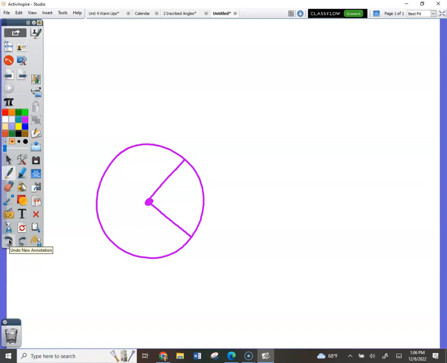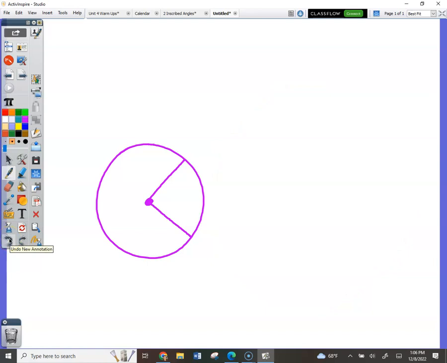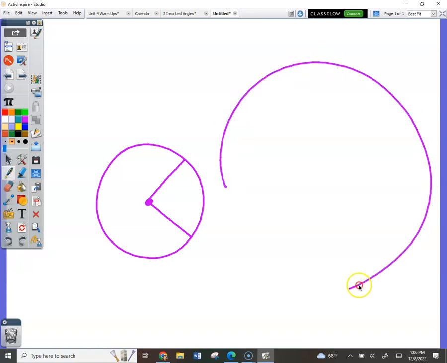What does he do? Does he take his whole arm? You go all the way around. Your arm stays straight. You start here and your arm stays straight.